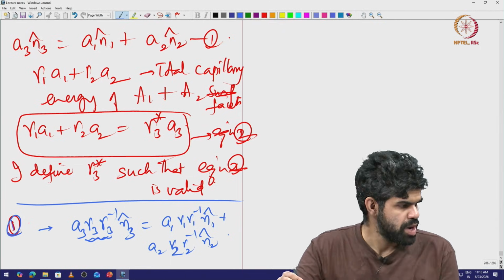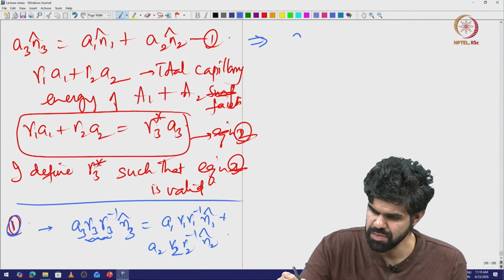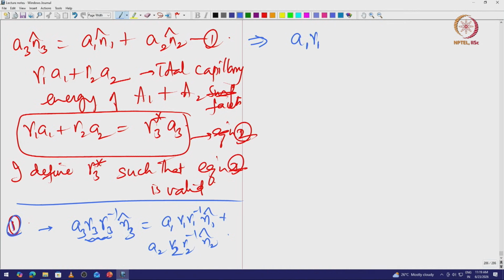So, now I can rearrange things a bit, that implies A1 gamma 1 times gamma 1 inverse N1 minus gamma 3, I will just write gamma 3 star for a reason. Okay. So, gamma 3 star inverse N3 plus A2 gamma 2, right.